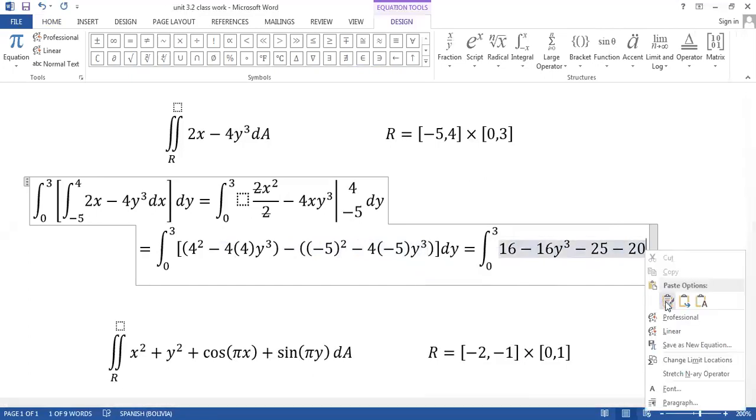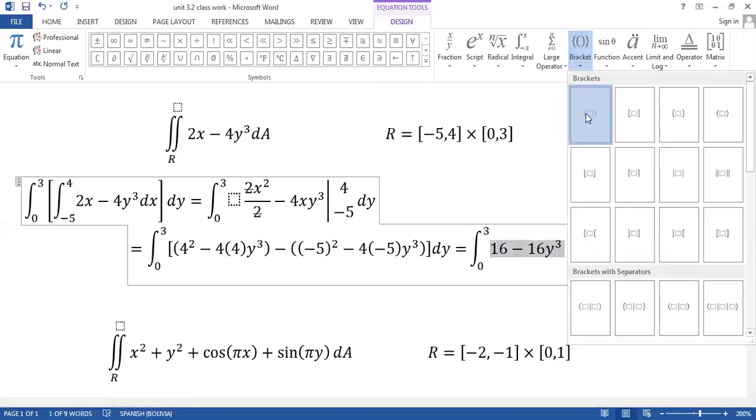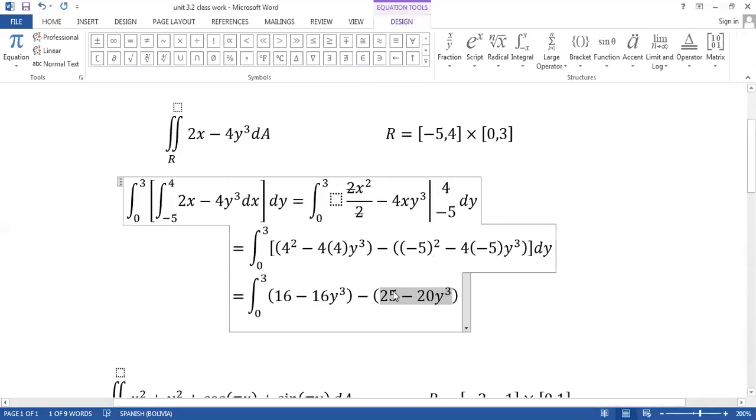Sir, you're going to confuse the thing. Why not put back the bracket just to prevent the confusion? All right, that is just creating one more step, but I can do that. Let's bracket that first and put back the plus 20.